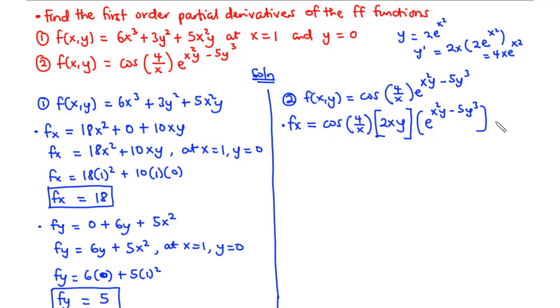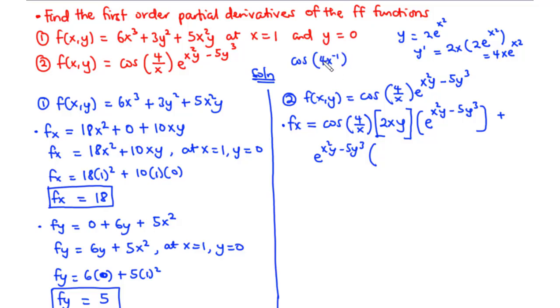So this happens to be the first part, so plus, now we are going to consider this function, that is e to the power x squared y minus 5y cubed, and then we try to differentiate this with respect to x. So here we have cos 4 over x, so that can be represented as cos of 4x to the power negative 1.